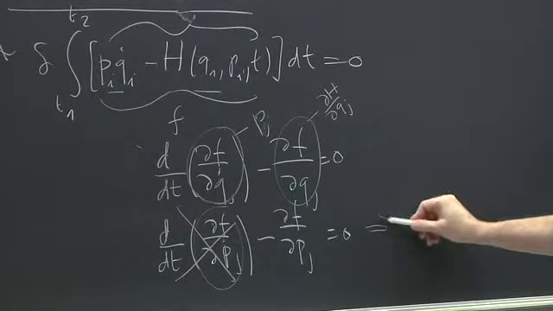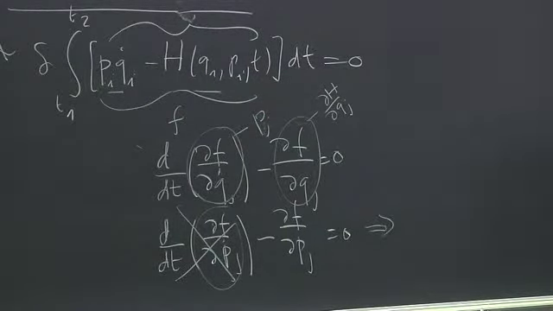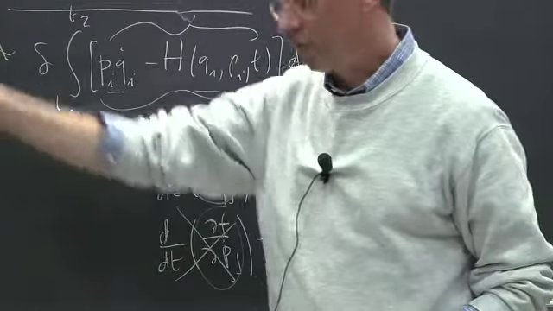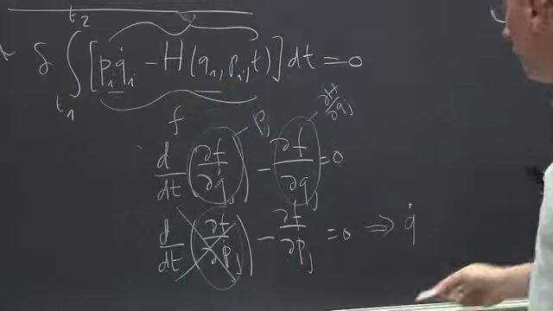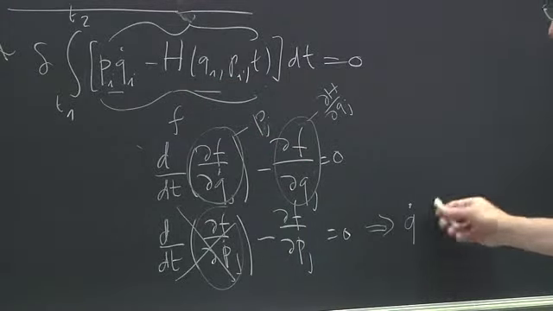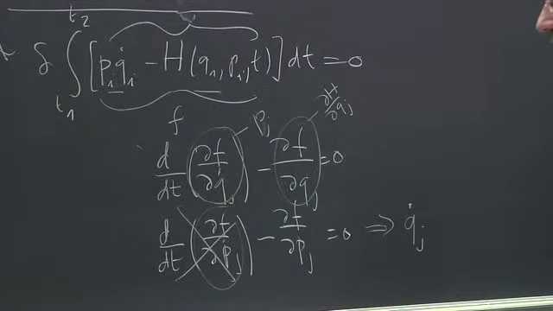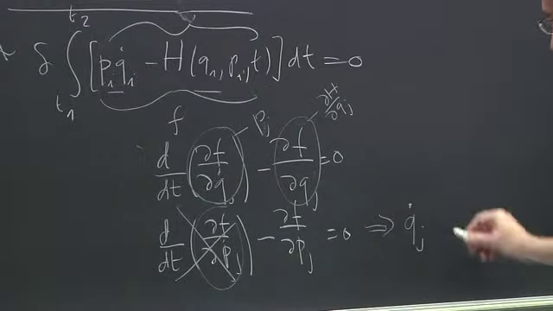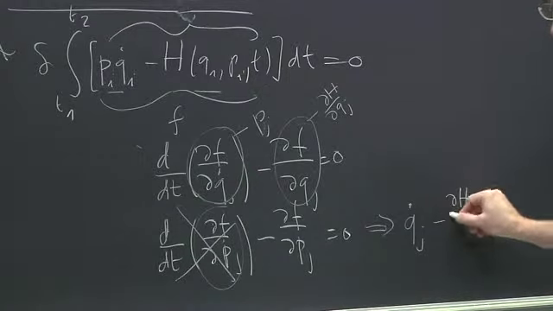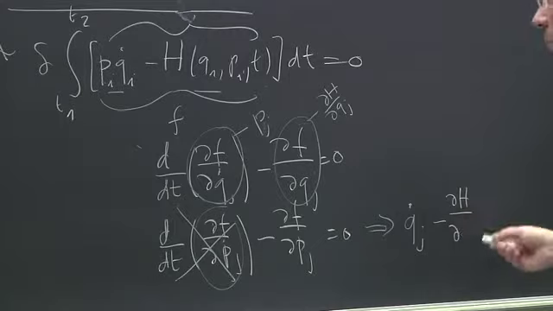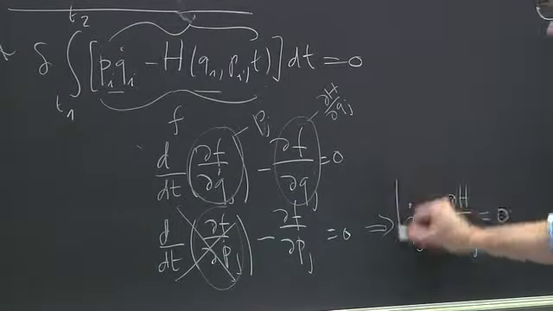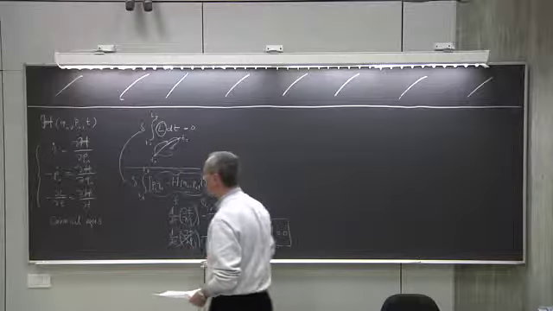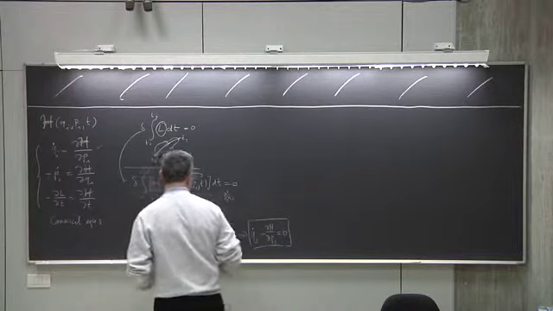So this equation here leads directly to the first of these, because you see this is Q dot_j minus dH dP_j, which must vanish. You see this is exactly this.